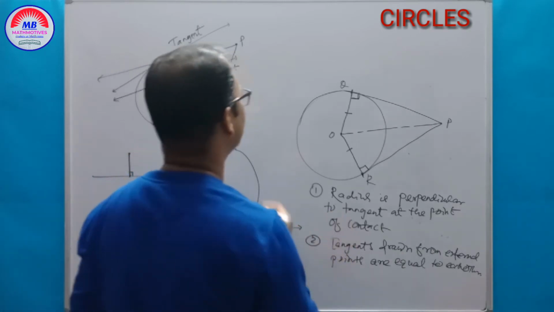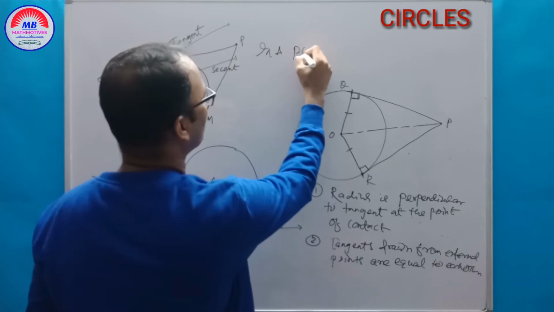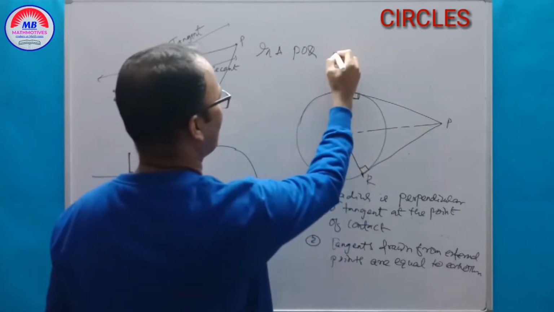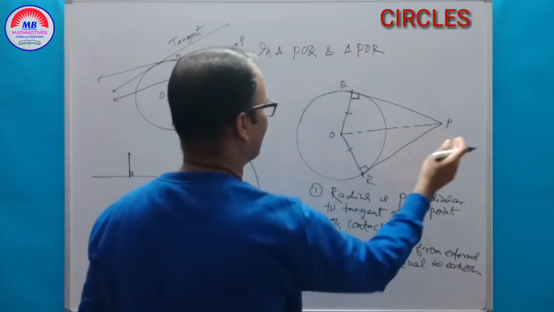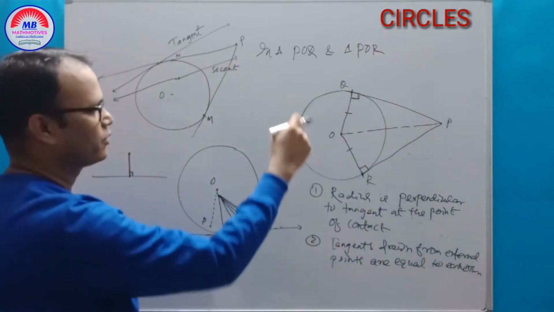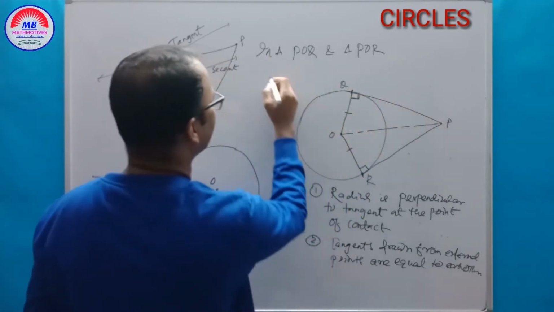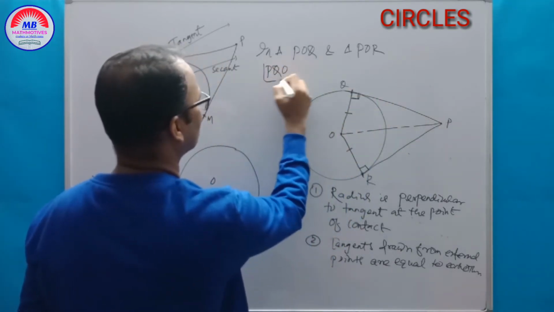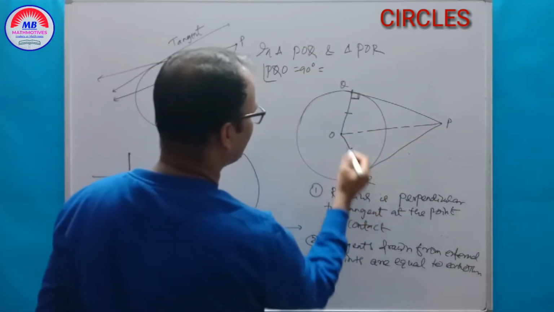Join this one. So you can write, in triangle POQ and triangle POR: you see this angle is 90 degrees, so angle PQO equals 90 degrees, equal to angle PRO.